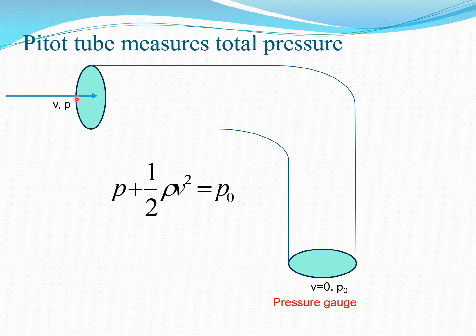So what happens is the flow comes into this device, it's got a velocity of V, it's got a pressure of P, and then the flow comes to a stop here. So here the velocity is 0 and the pressure is P0.